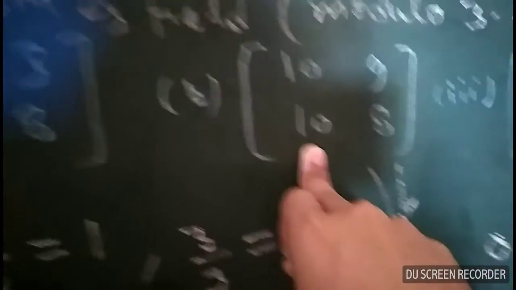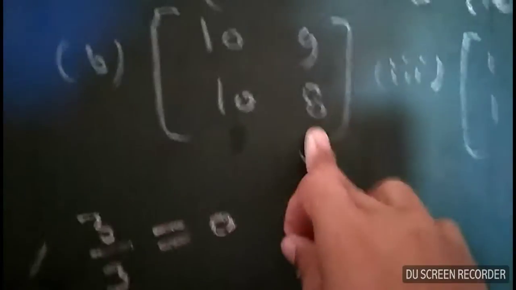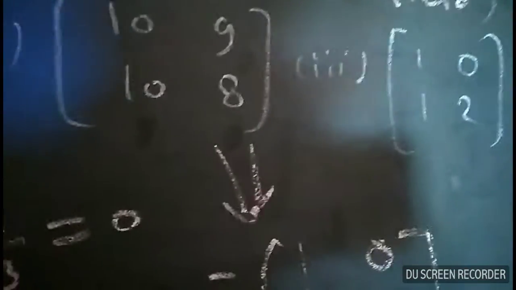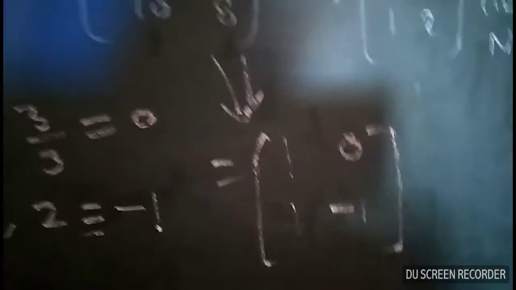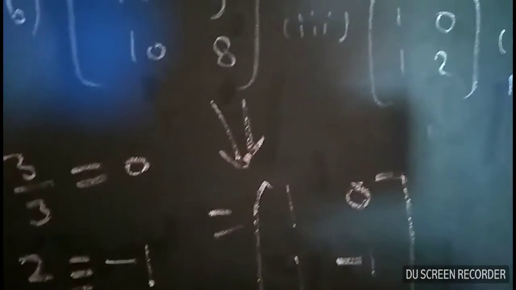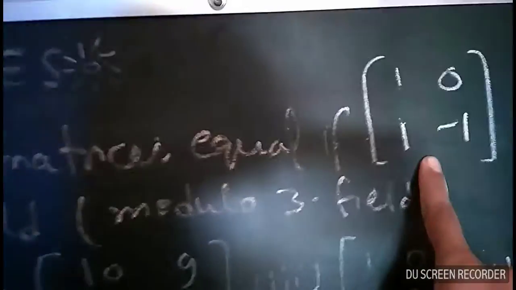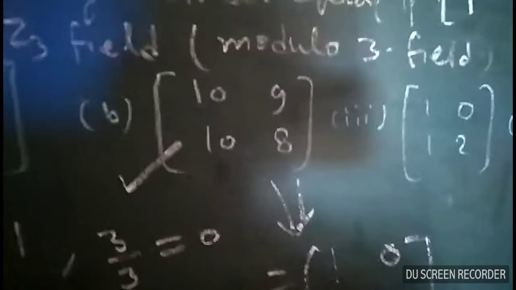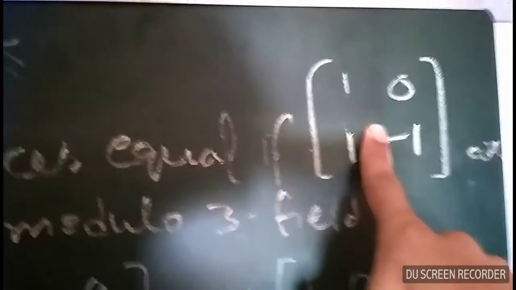When 10 is divided by 3, we get a remainder 1. When 8 is divided by 3, we get a remainder 2, which is -1. Then we say that [1 0; 1 -1] is equal to this matrix, and the second answer is also correct. Now we check whether the third matrix [1 0; 1 2] is equal to this matrix or not.